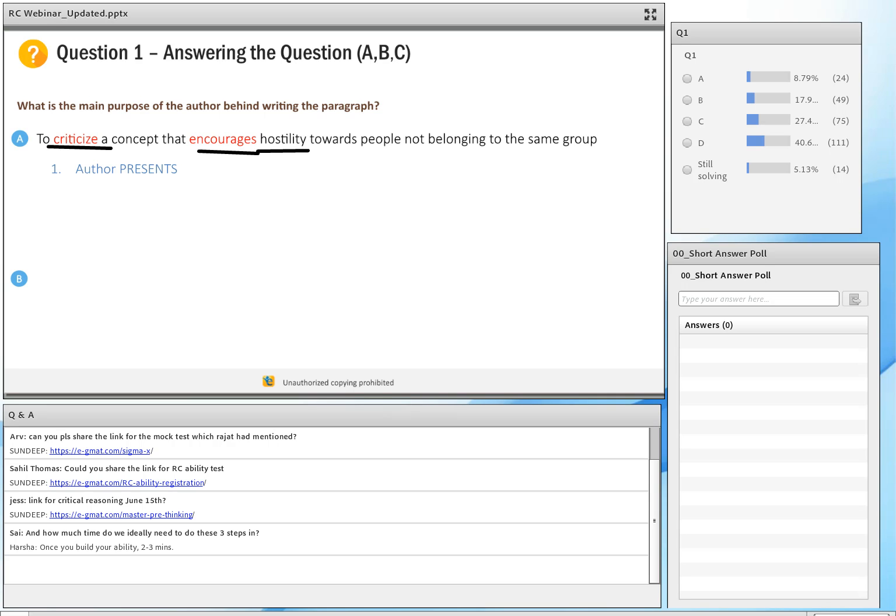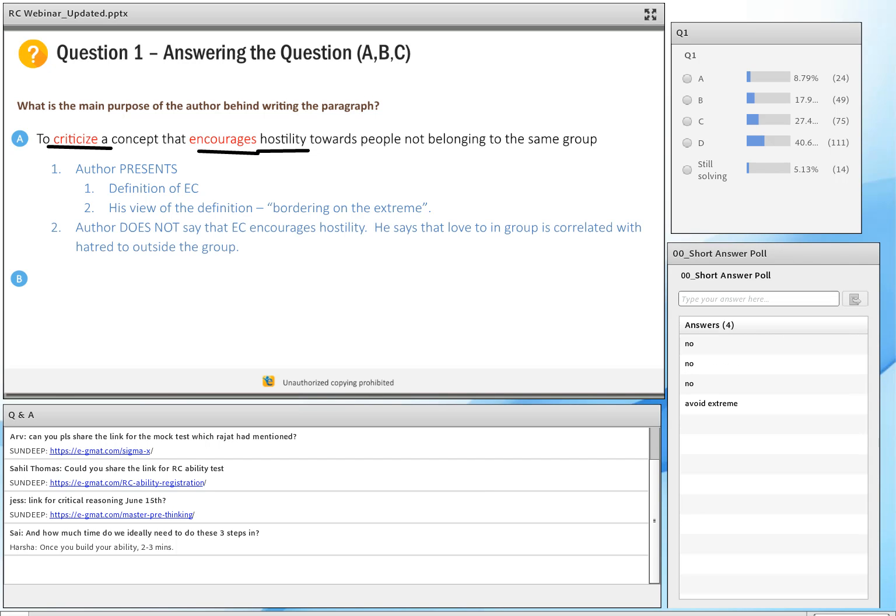When you look at the passage, can you understand the distinction between that definition being there and something encouraging something? What is the no for? The difference. Okay, got it.